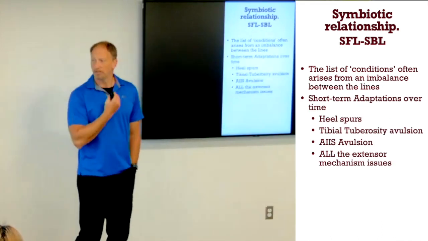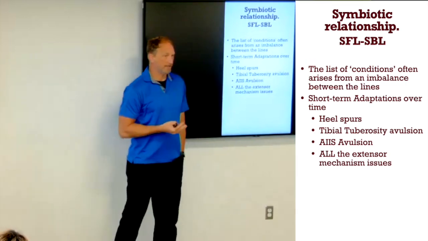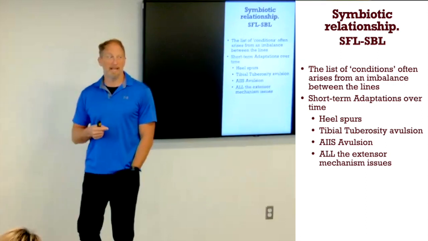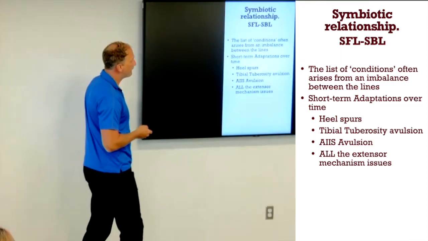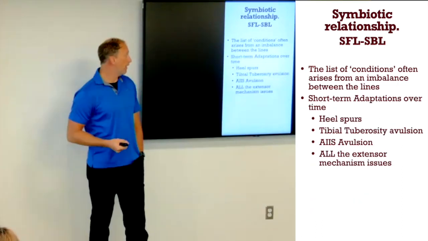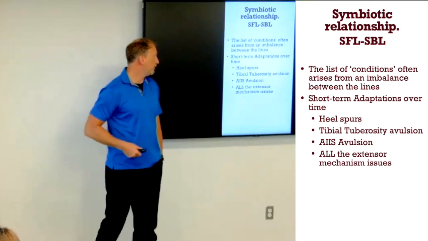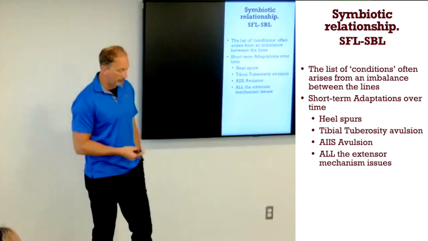When we look at our short-term conditions, these are the things that happen right now. These are the acute responses that over time will contribute to this. So we see the spurring of the heels, we see the tibial tuberosity avulsion.